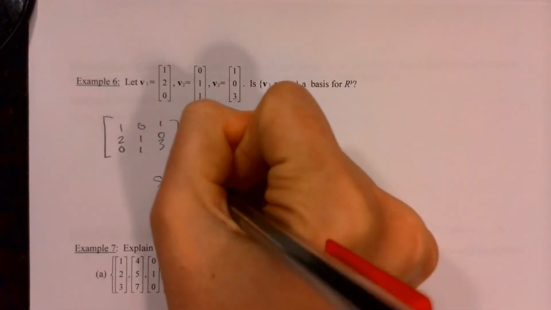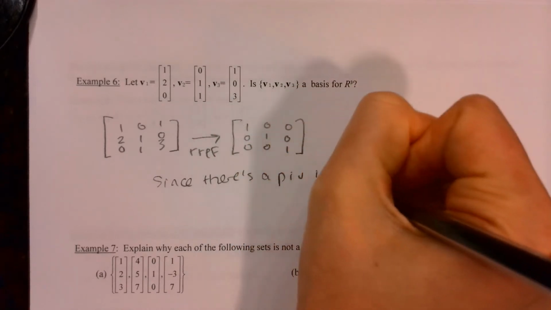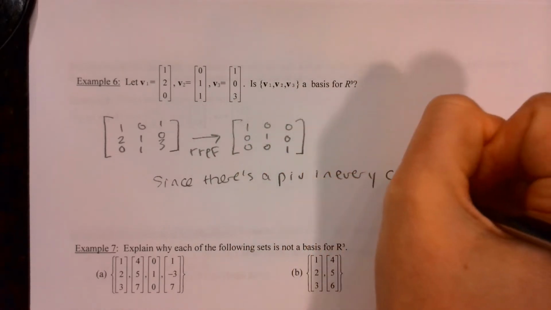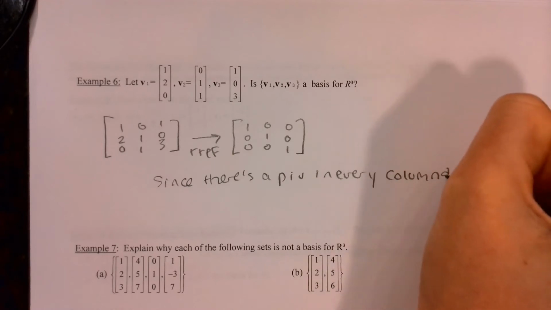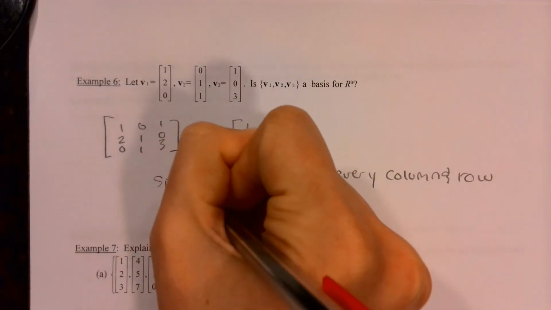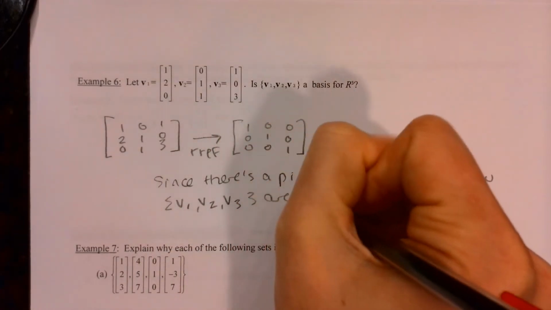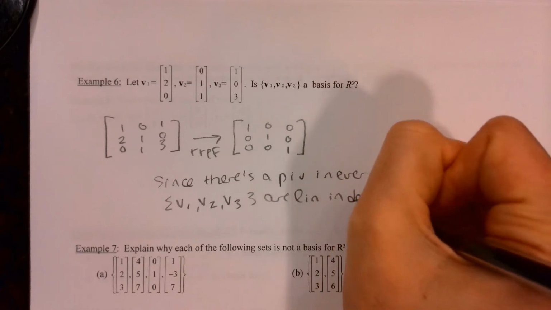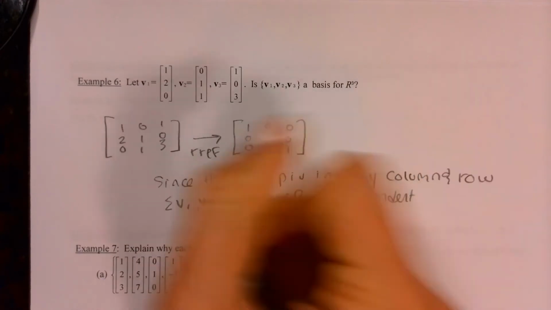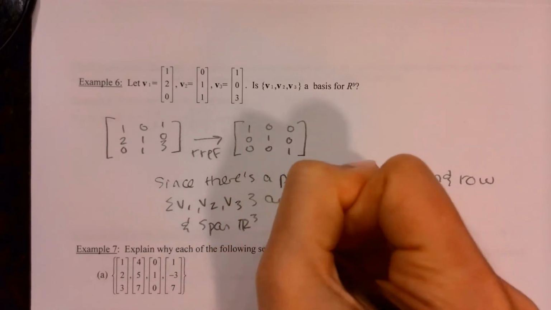since there's a pivot in every column and row, V1, V2, and V3 are linearly independent and span R3.